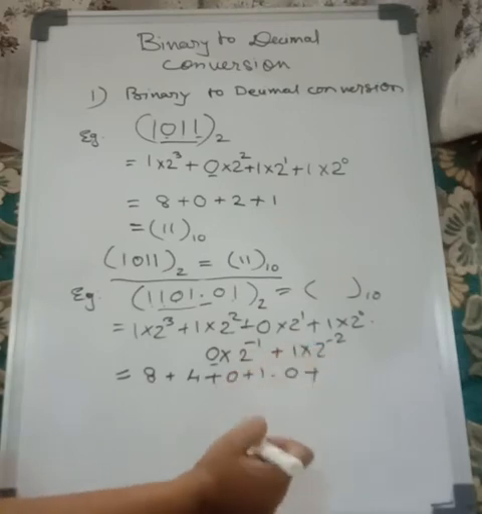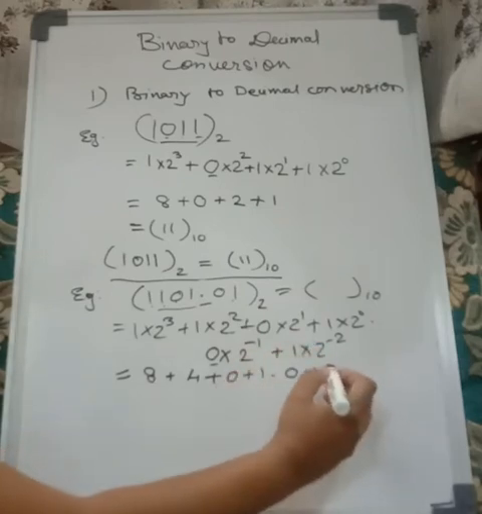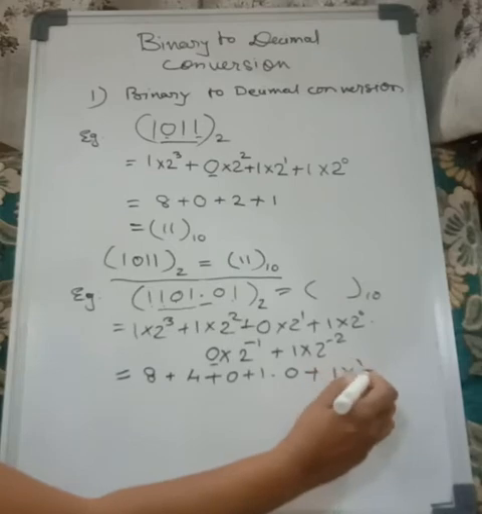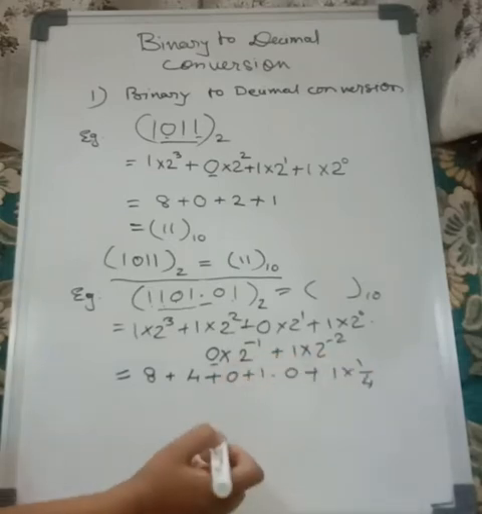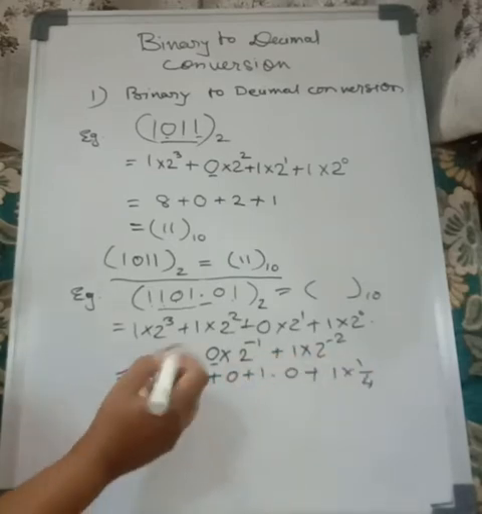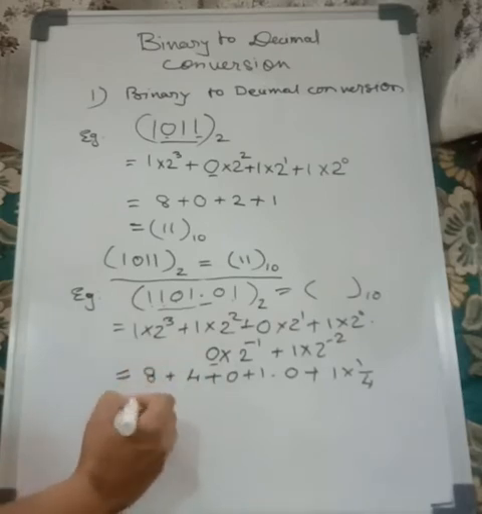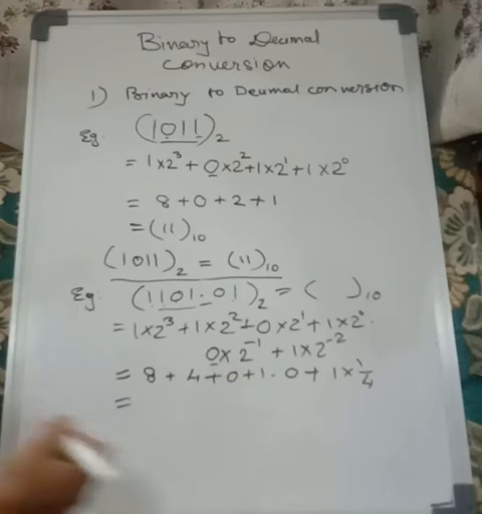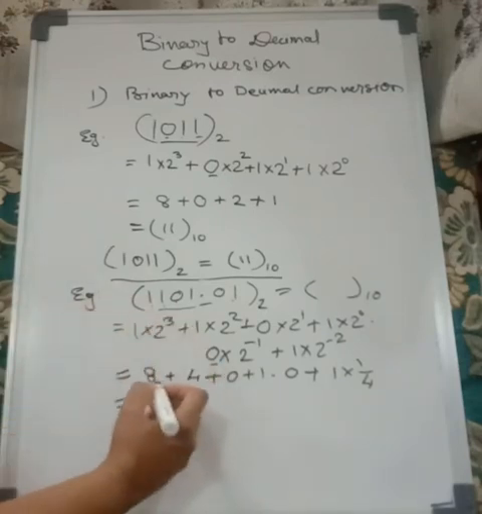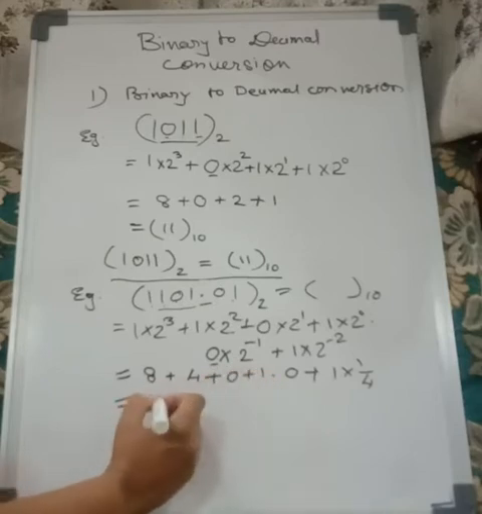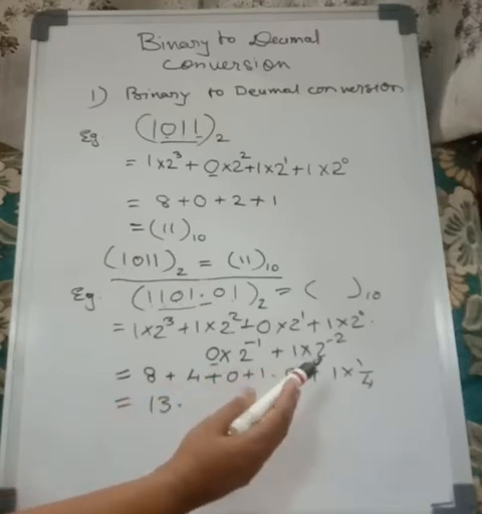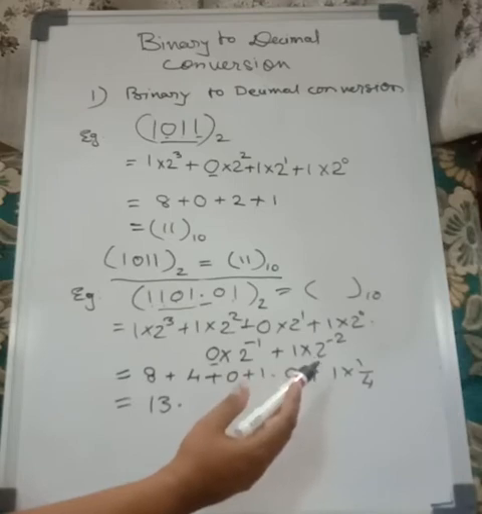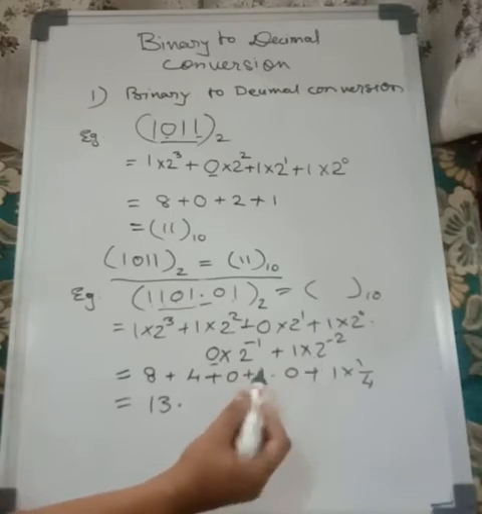Plus here 1 into 1 by 4. Now we'll add these numbers. So this will be 8 plus 4, 12 plus 1, 13. And this point over here, and the number will be how much? It is 1 upon 4. 1 upon 4 is point.